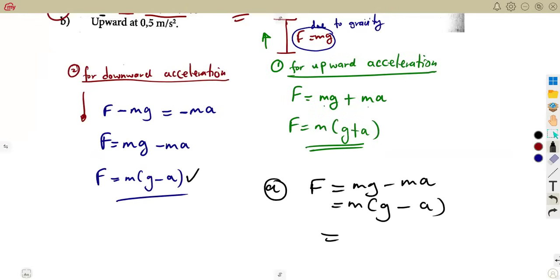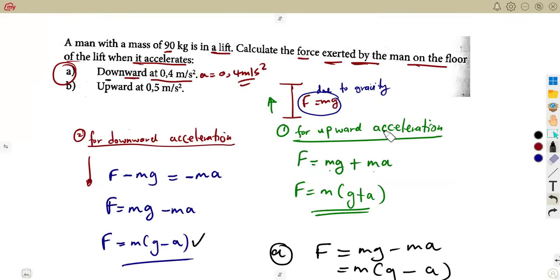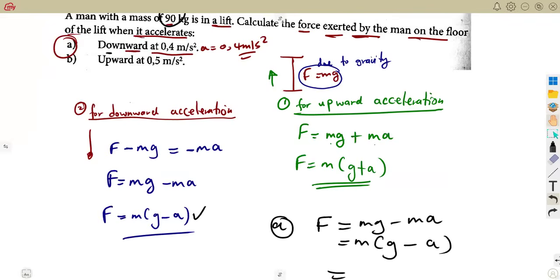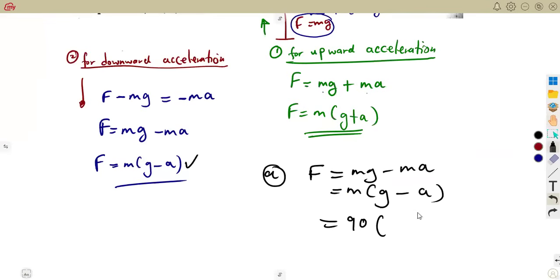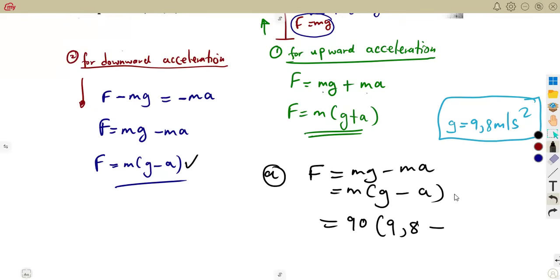So that's our mass. The man has a mass of 90, because it is about the man here. G depends on the textbook that you're using. I'm just going to use the G for the question paper mostly. G on the constants you're given as 9.8 meters per square second. So I'm going to use G as 9.8 meters per square second in this calculation. So that is minus a, which is our acceleration.